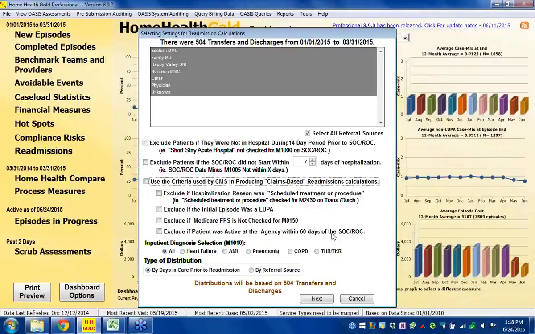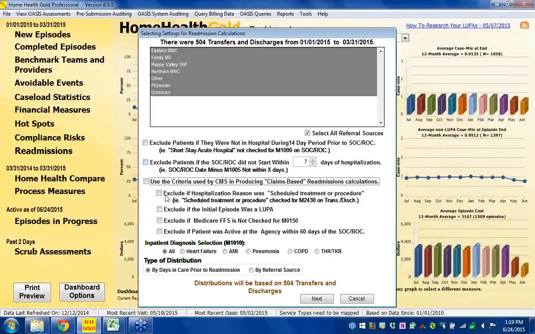We've added the new measures, relatively new measures for the total hips and COPD if you want to report specific to those people. And again, that's based on the inpatient diagnosis, M1010, as opposed to the ICD-9 diagnosis that you're using for your coding.